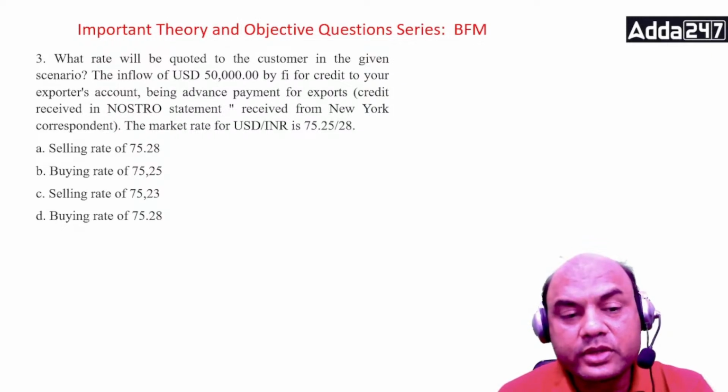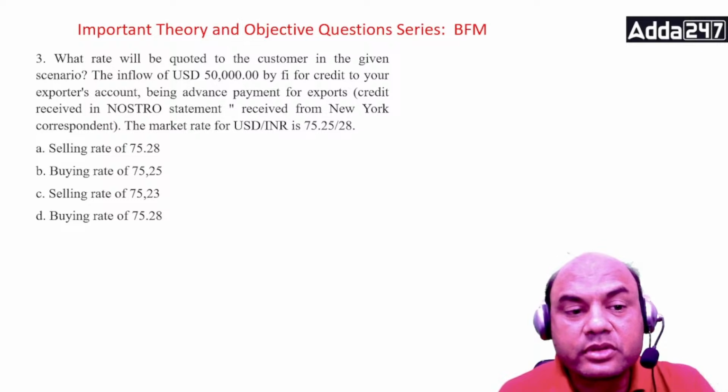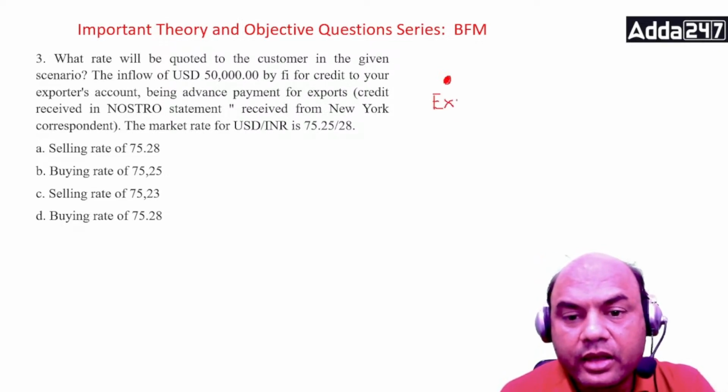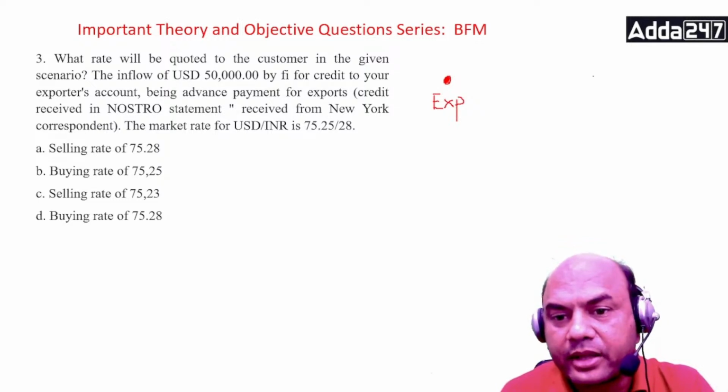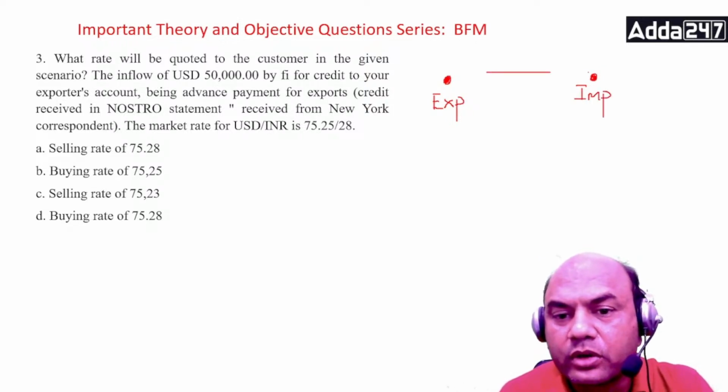In fact, I'll solve this query for you. See this. What is happening? Credit to your exporter's account. So this is my exporter, and this is some buyer or some importer. Now this importer is giving money. See, these dollars are coming in.